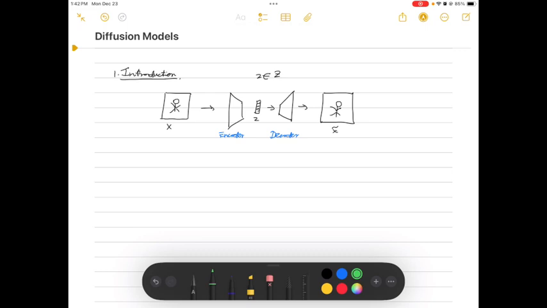And they are trained using variational inference. That is the ELBO objective, or evidence lower bound objective, which is a lower bound on the log likelihood of the data. So implicitly what these models are doing is likelihood maximization.